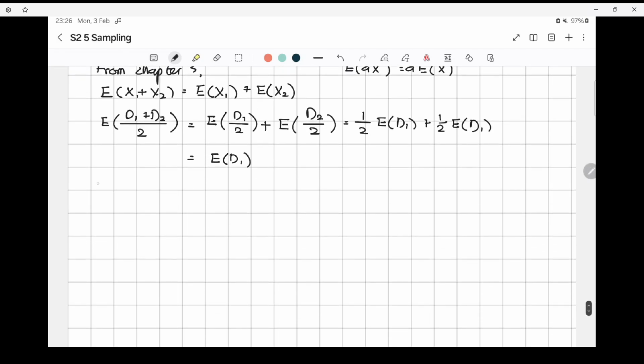Whereas for the variance of X1 plus X2, for example, this is the same as the variance of X1 plus the variance of X2.